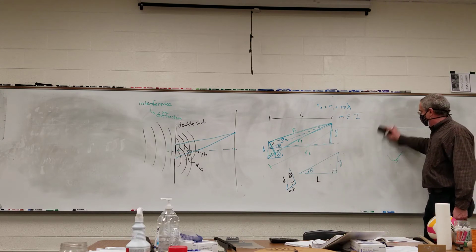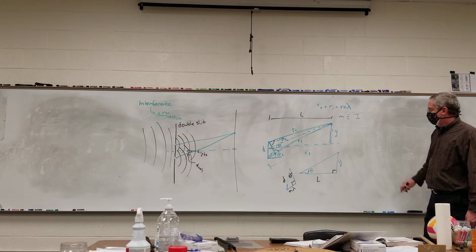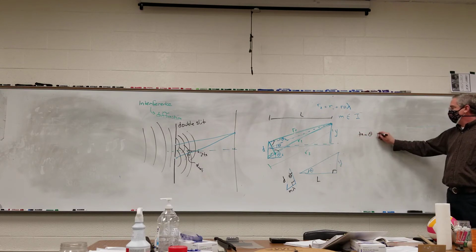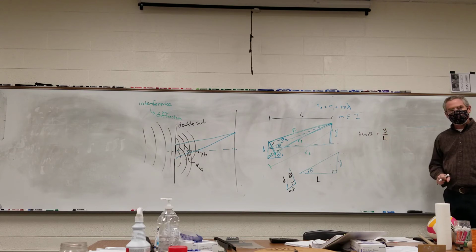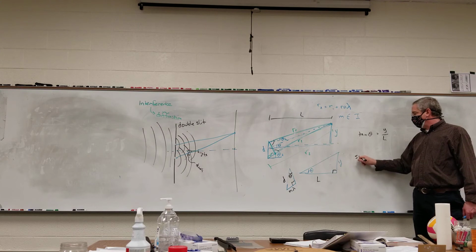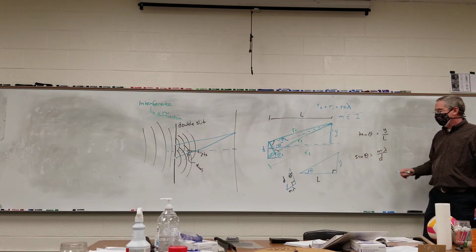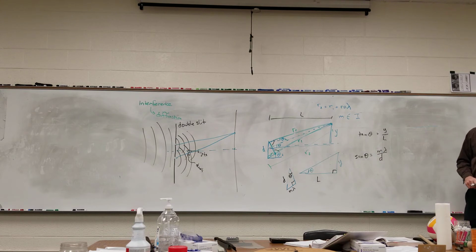Well, if we set up this, I know the tangent of theta from this right here is equal to y over L, opposite over adjacent. From the smaller triangle right there, the sine of theta is equal to m lambda over d, d being the width of the hair or the distance between the two slits.